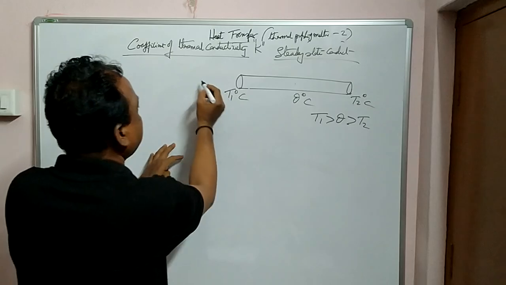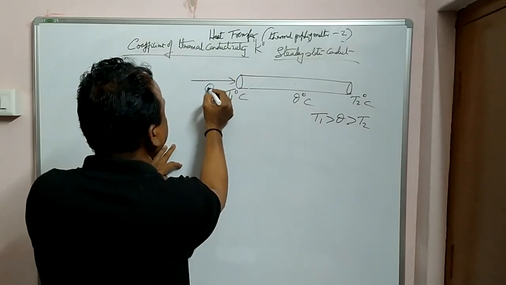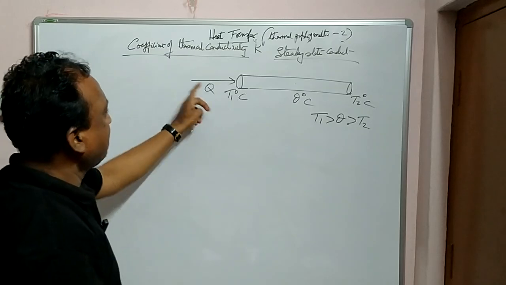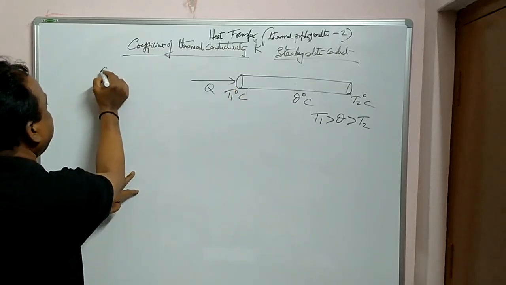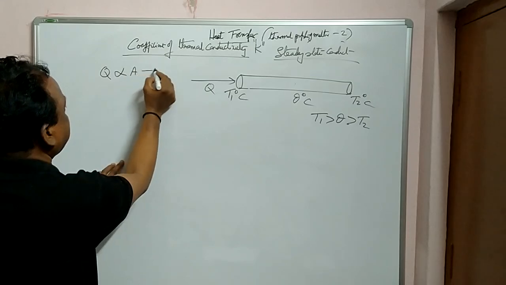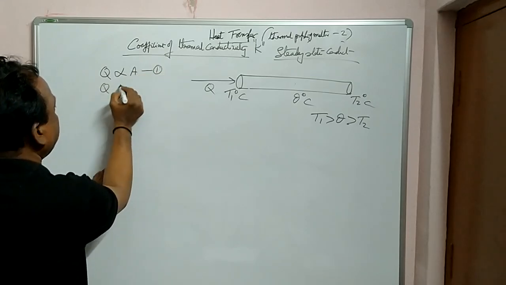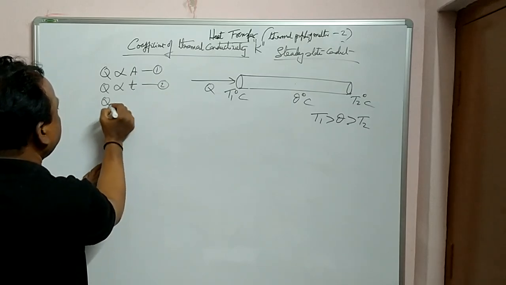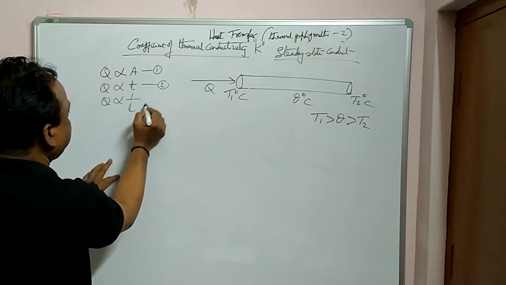Now, for example, some heat Q is given to the iron rod. Now, what is the relation when the heat is flowing? See, Q is directly proportional to the area of cross section of the rod. Q is directly proportional to the time of flow. Q is inversely proportional to the length of the rod.